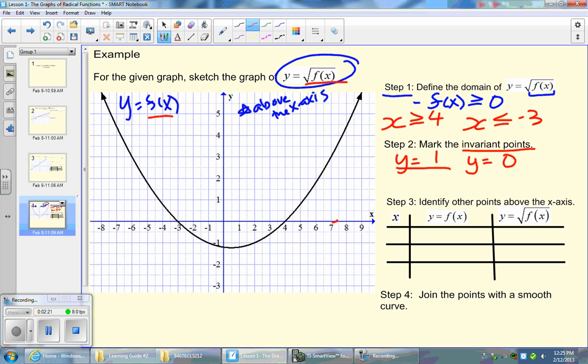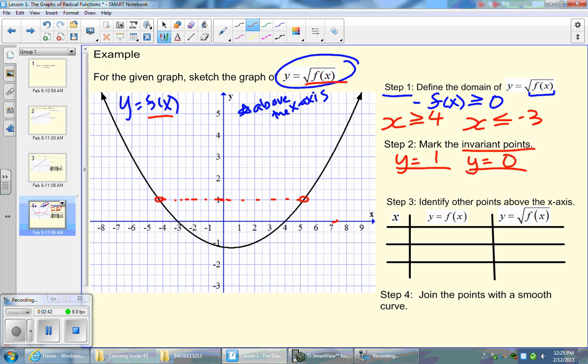Let's start with y is equal to 1 first. There are actually 2 points on the graph with this y value. There's one right there, and the second one lies in the negative quadrant right there. So we have two invariant points so far. We have to find the other invariant points, and that comes from y is equal to 0.